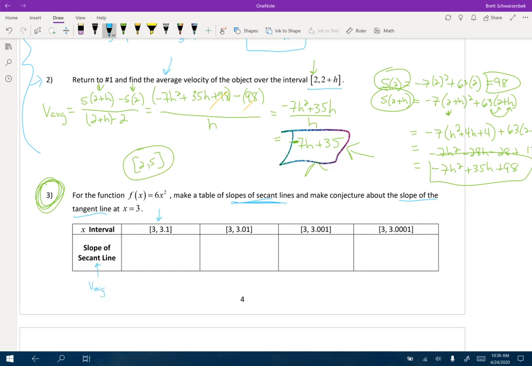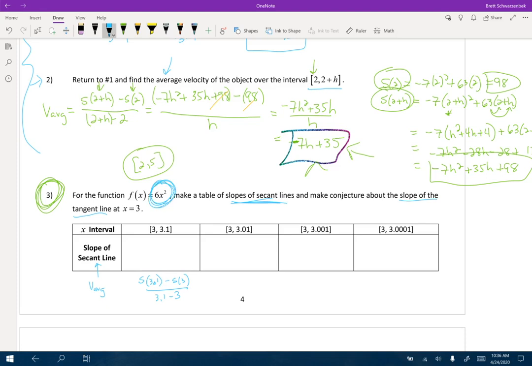Well, we have a formula for that. Our formula is: take the later distance, s of 3.1, minus the closer distance, s of 3, or height or position, whatever you want to say, over 3.1 minus 3. If we do this calculation, I'm not going to do it out like I normally do. You should be able to figure this out by plugging into 6x squared this time.